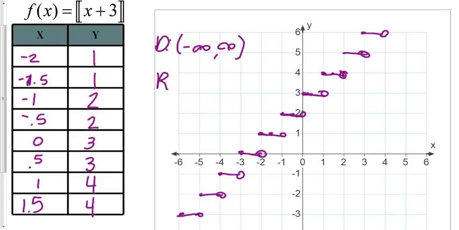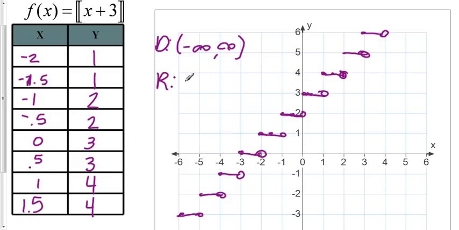The range values, my y values, are a little bit limited here. If I look at the y values, I kind of just go along the y-axis and figure out where my y values are located. I don't have any y values in between the integers. I have y values at 0, y values at 1, y values at 2. And so the range is a little bit weird here. You can't really use an interval to define the range because it jumps from 0 to 1 to 2 to 3.